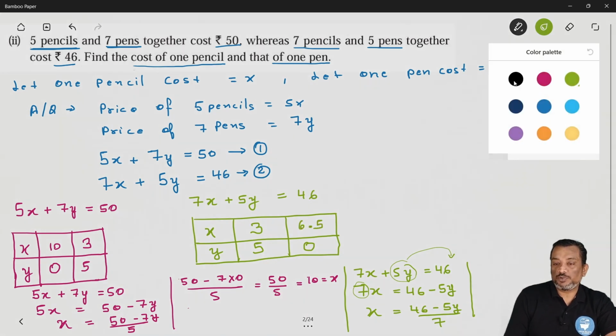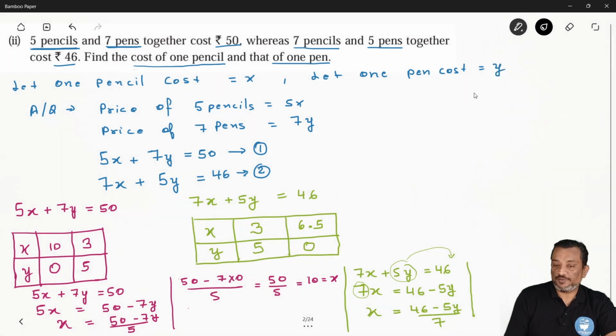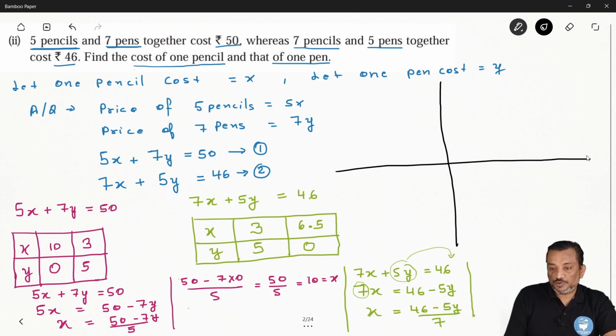Now the most important thing, we have to draw the graph, and make sure graph should be clear, clean, okay.